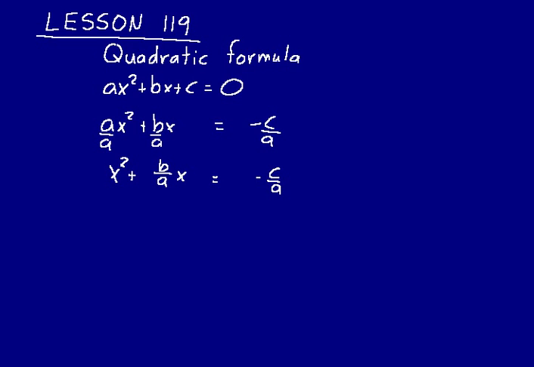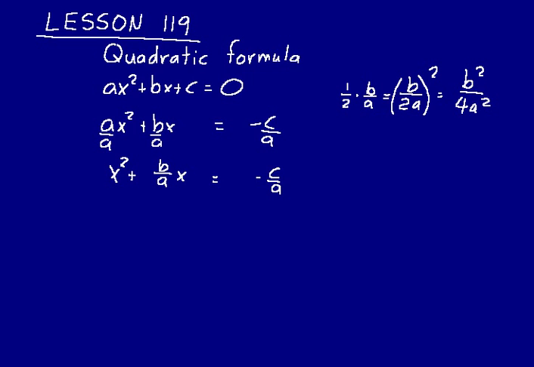Now we're ready to complete the square. Remember what we do there. We take half of the x coefficient, which is b over a. Now think about that. Half of b over a is like saying half times b over a, so that would be equal to b over 2a. Well, actually, we need to square that, right? We need to square that value, and so that'll be b squared over 4a squared.